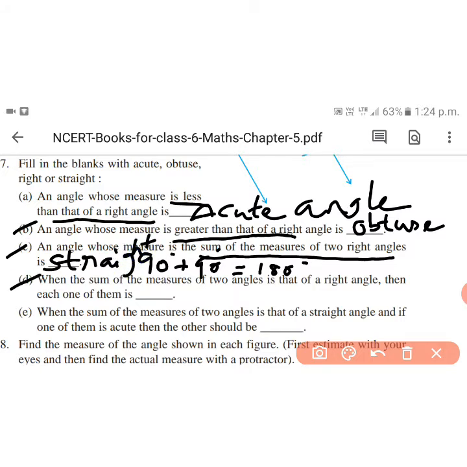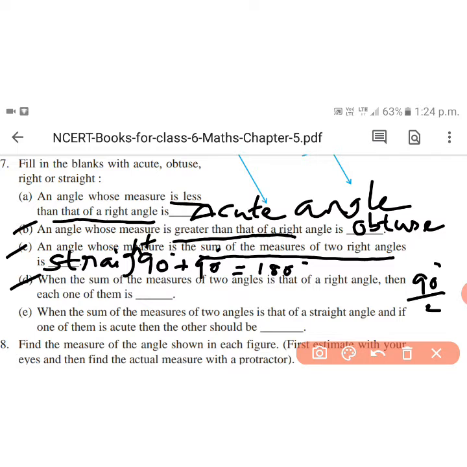D part. When the sum of the measures of two angles is that of a right angle, then each one of them is... So 90 degree divided by 2 is equal to 45.